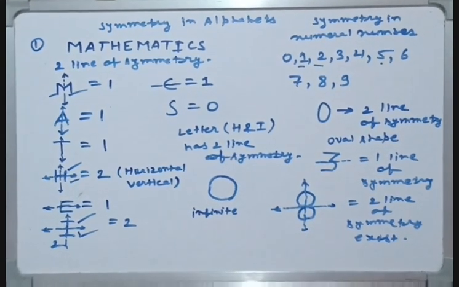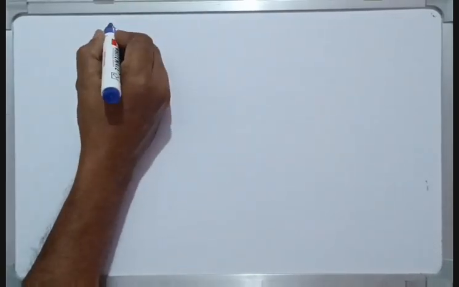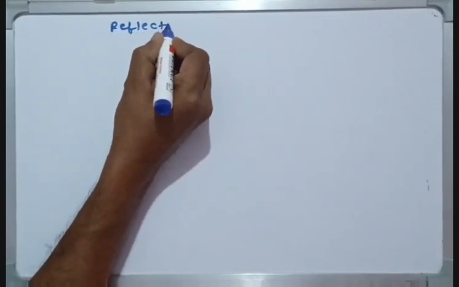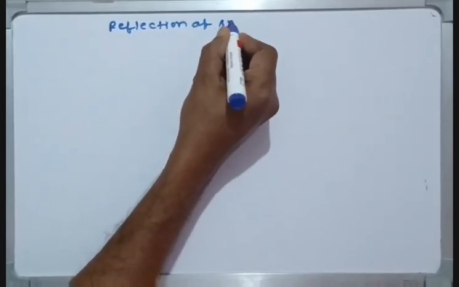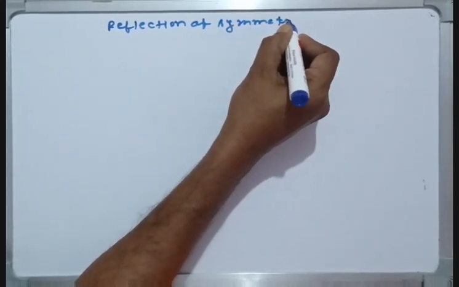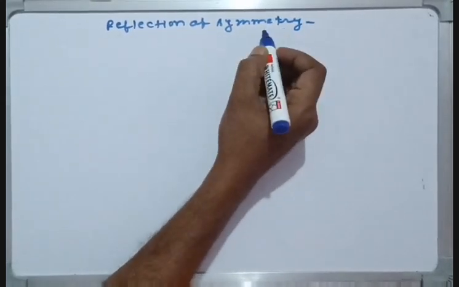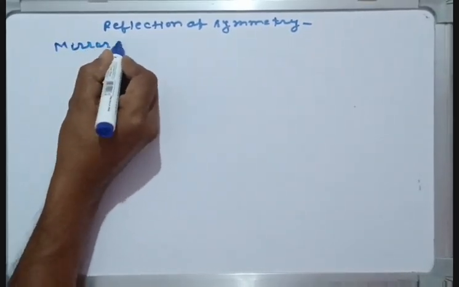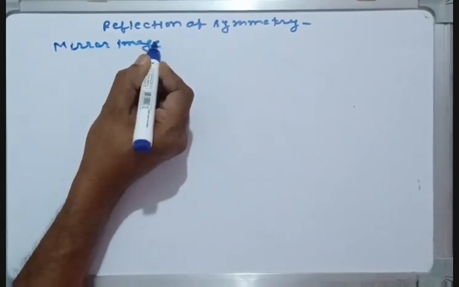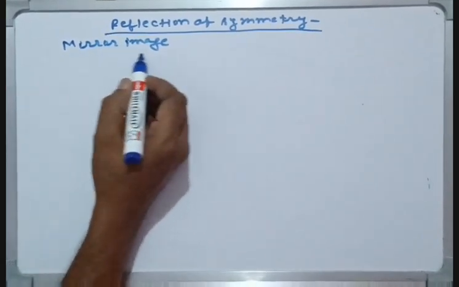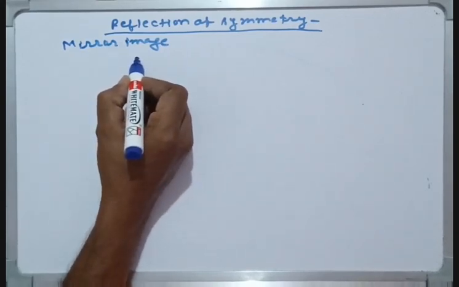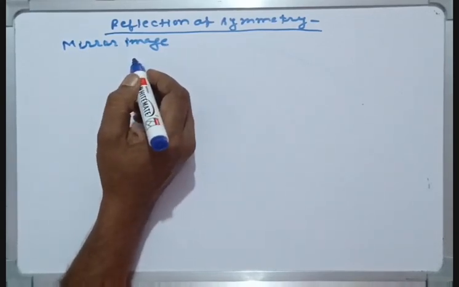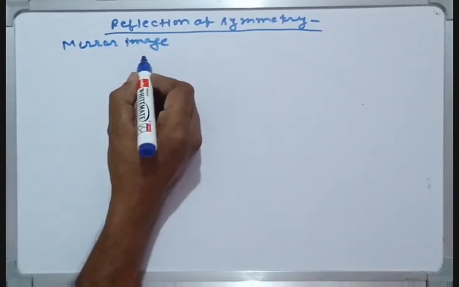Okay guys, next we will study reflection of symmetry. What does reflection of symmetry mean? It means mirror image. Mirror acts as a line of symmetry. How?